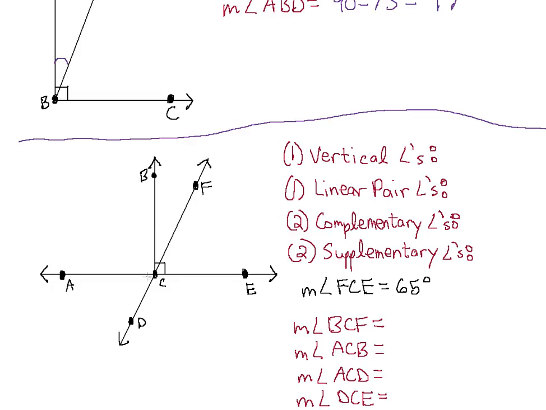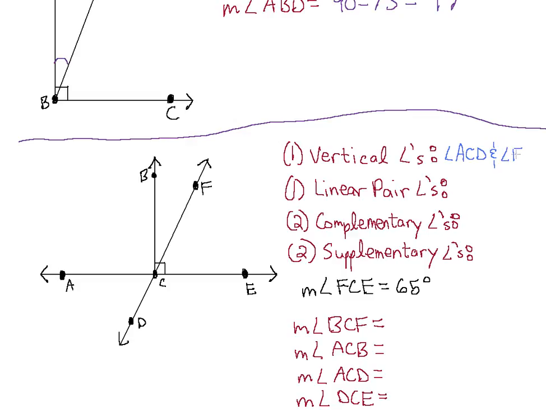A vertical angle is, we have two lines right here, and one pair is this angle right here and this angle right here. So we're going to have angle ACD, not ACB, ACD, and angle FCE.